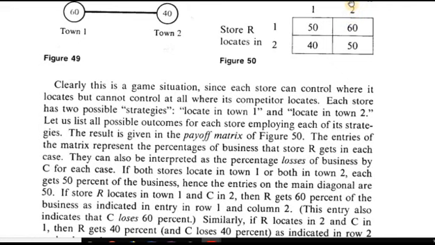So his minimum gain is his maximum loss. Here is his maximum loss, which is 60. On the other hand, if he locates in town 1, his maximum loss is 50. Right? So from that point of view, store C will prefer 1 over 2 because the worst he can do is lose 50% of the business.